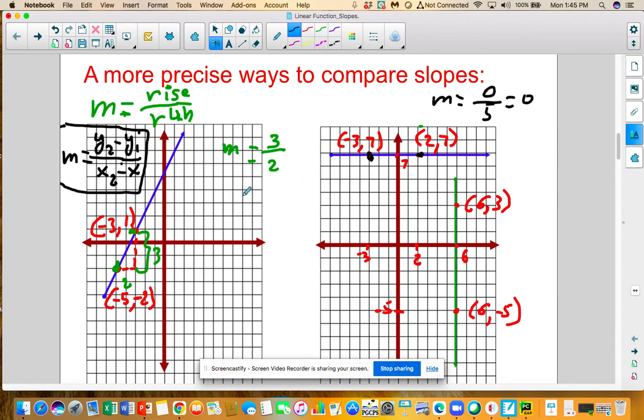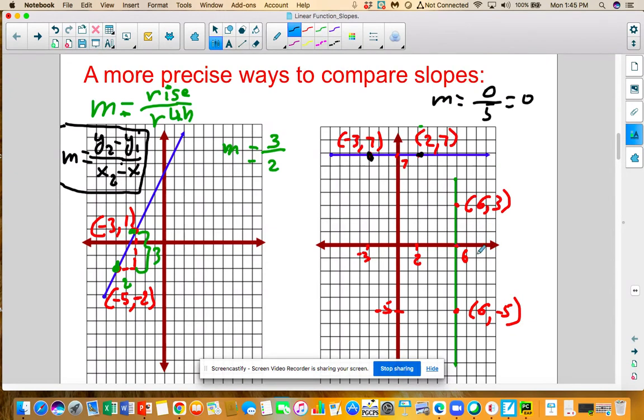Of course, try to use the formula, this formula right here, and these 2 points right here to show that the slope of a horizontal line is 0. Go ahead and do that. We are going to practice more of it in class, but I want to keep the video short.